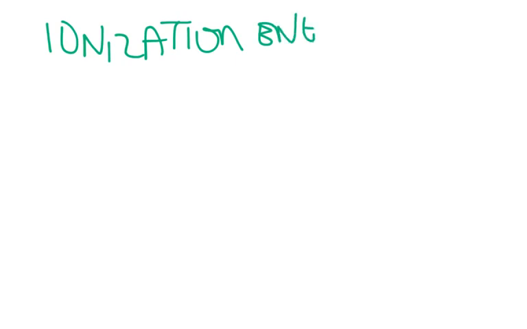The other 2 words that we talked about, and then I'll show you how to put all this together, are ionization energy and electronegativity. Ionization energy is the energy it takes to remove an electron, to pluck an electron off of a neutral atom. The first electron you remove is the first ionization energy.